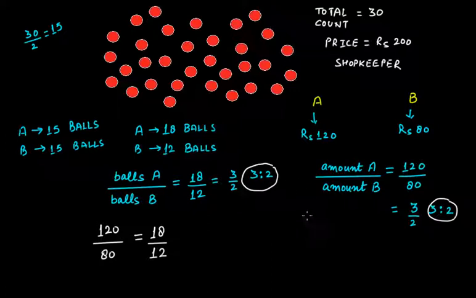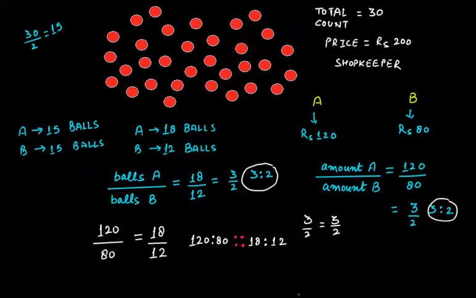Both these ratios are equal. Therefore we say that 120 ratio 80 is in proportion, this is the proportion symbol, to 18 ratio 12.